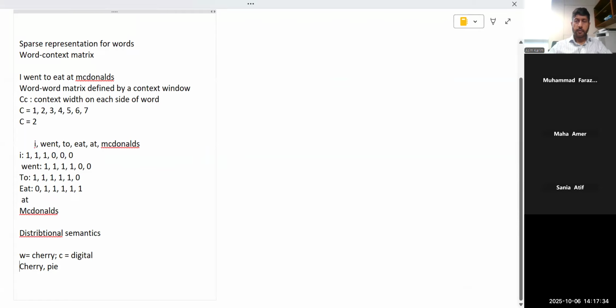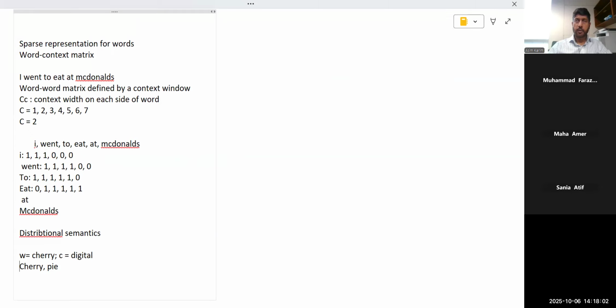So as you can see from the example I just gave, cherry and computer obviously, and digital, so the value for digital will most likely be zero. As I said, this vector for cherry would be sparse. So cherry will have some value with pie, even if you take a large corpus, but cherry's value with digital will be zero.